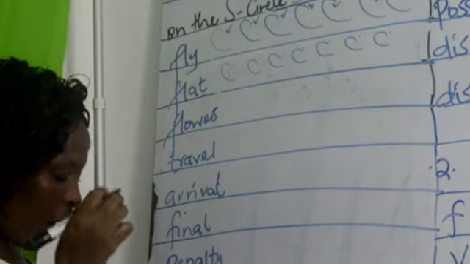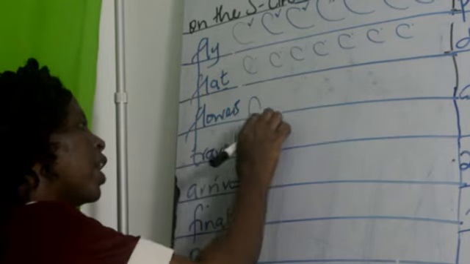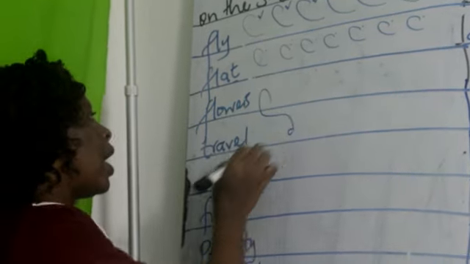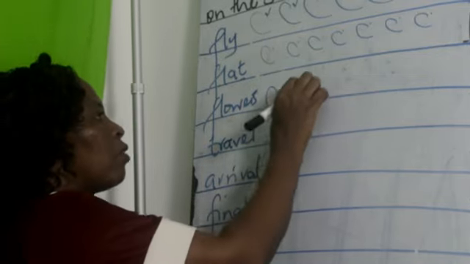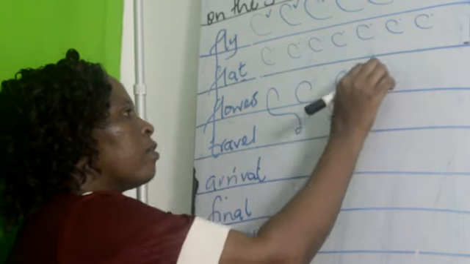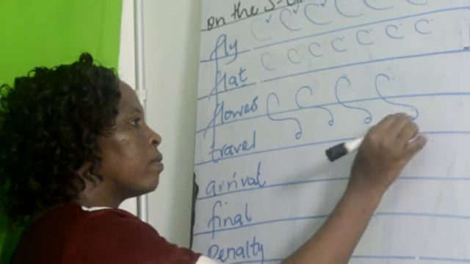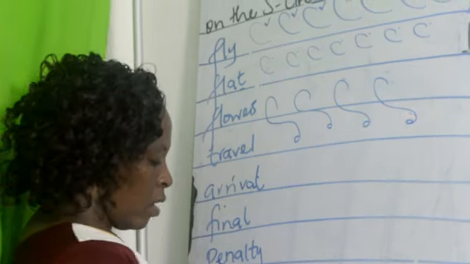Then we have the word flower, a stroke of F hooked for L, a downward R and an S circle. Flower.